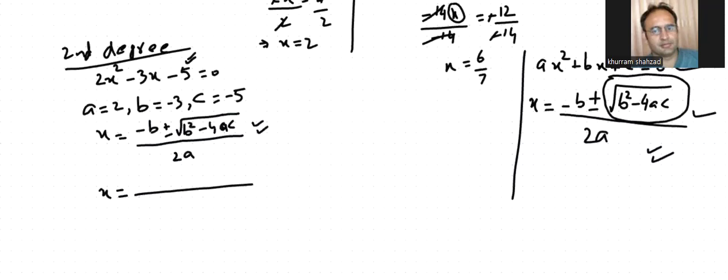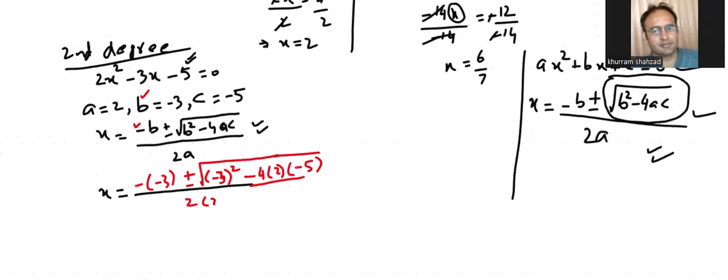So this is the negative sign, and then b. What is the value of b? This is -3, plus minus square root of square of -3. It is necessary to use brackets around -3, minus 4ac: a is 2, and c is -5. Then 2a.